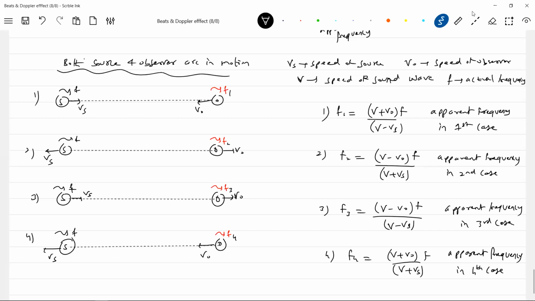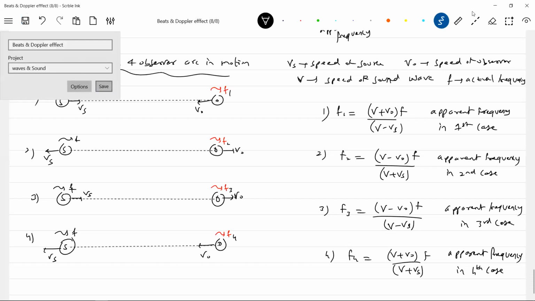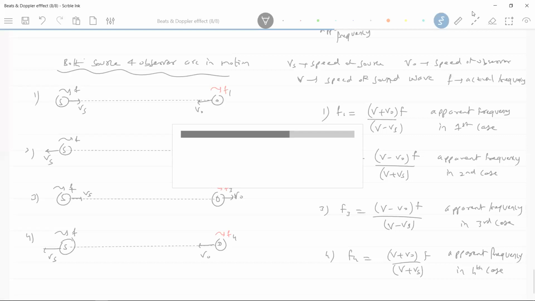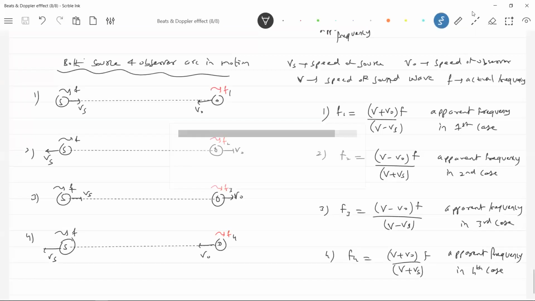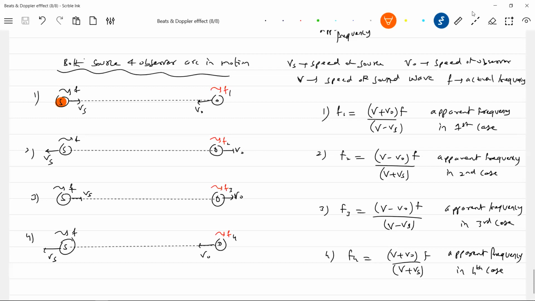So like this we can calculate the apparent frequencies. Plenty of numericals are available, but that's the basic idea, that everything just revolves around this condition. Any doubt? If you have, you can clarify. Any doubt?